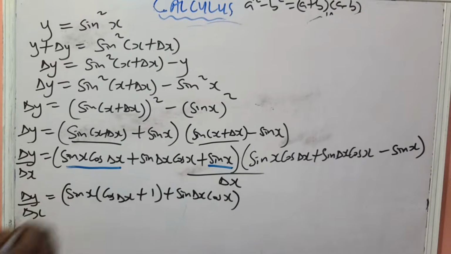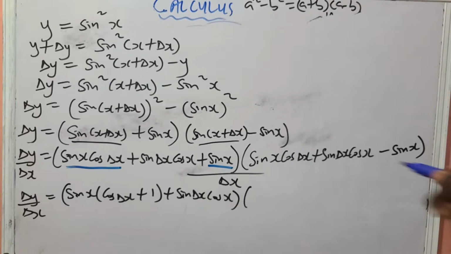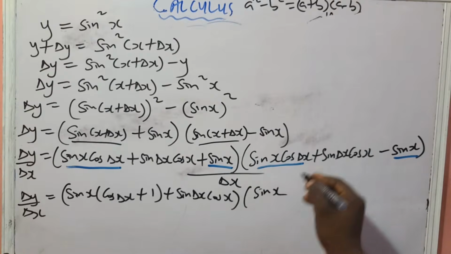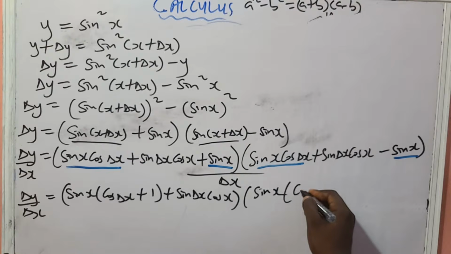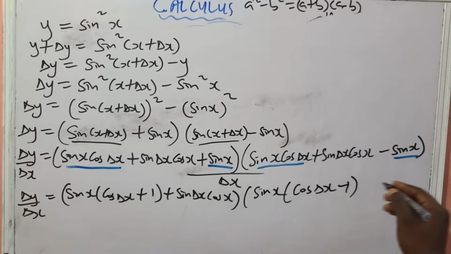Put this in a bracket. Let me do for this other one also. Now you can see right here that we have this and this as like terms. All right. You can see sine x is common to both. So we can go on to bring out sine x, and then we are left with cos change in x now minus 1, because minus 1.